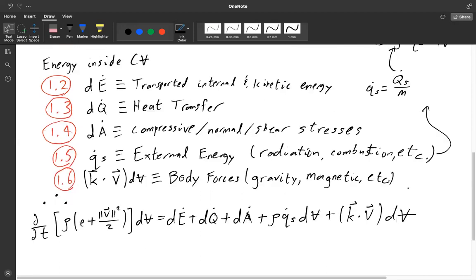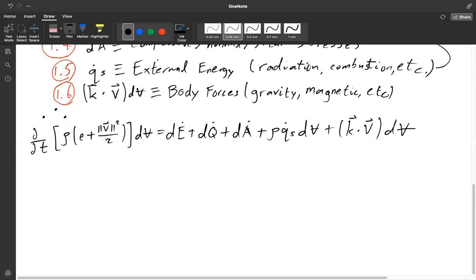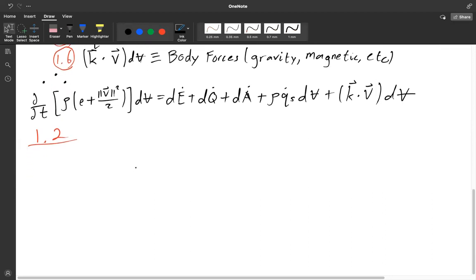Excuse me. So let's take a look at section 1.2, equation 1.2, which is the energy. So let's start off by drawing out our control volume.